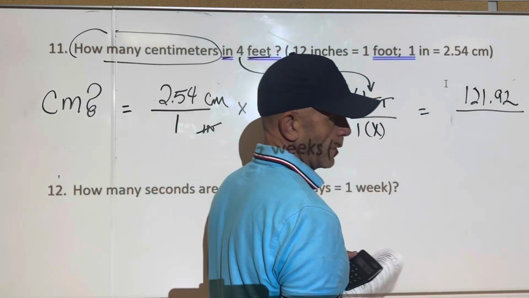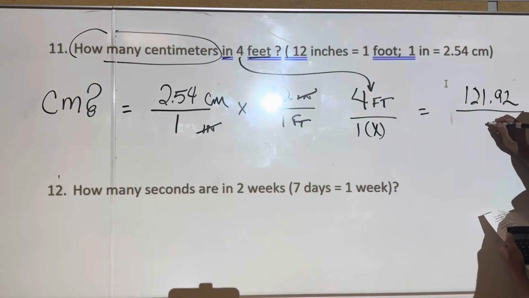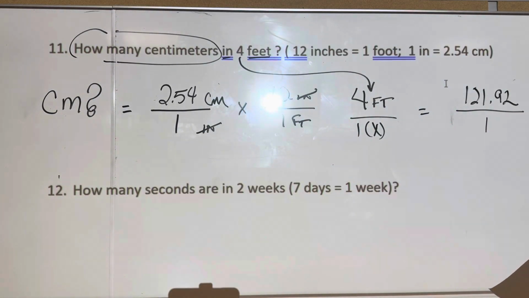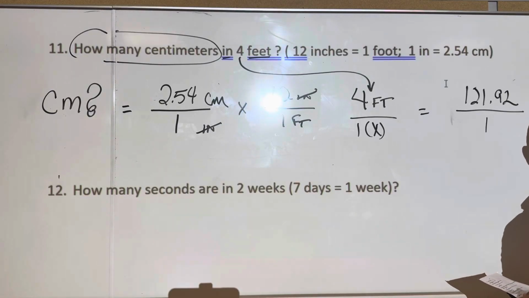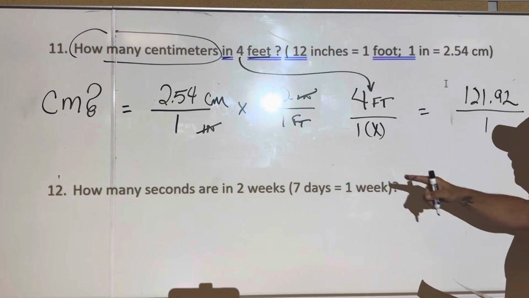Okay? Well, this is pretty simple. 1, 1, 1. What's 1 times 1 times 1? 1. So what do we got? There's 121.92 centimeters in 4 feet.